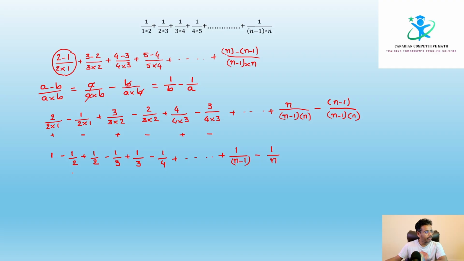So every time, as I said, like this, a positive term, negative term, positive term, negative term, positive term, negative term, and a positive term and negative term.